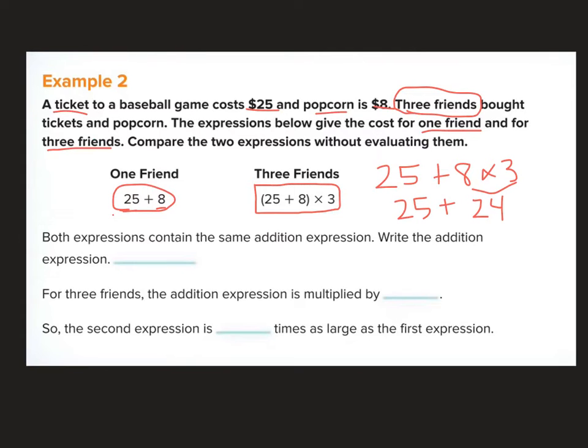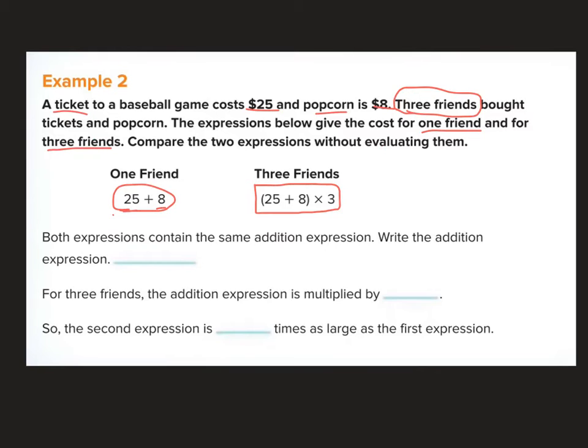Well, that only gets 1 person in and buying 3 popcorns. That's not what we want. So we need these parentheses to say we need 3 tickets and we need 3 popcorns. Okay, so now that we talked about that a little bit, let's answer the questions.